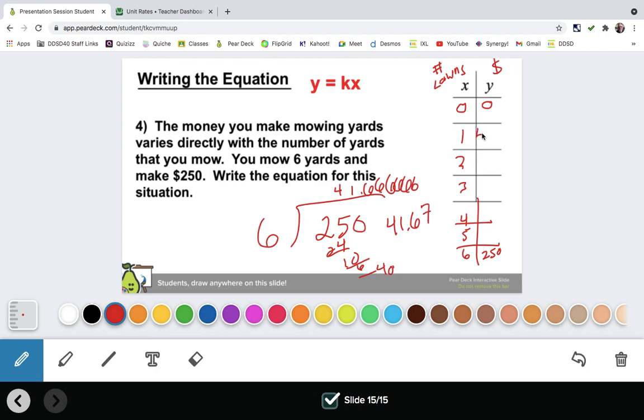So if Y is the amount of money, the amount of money equals $41.67 times the number of lawns that I mow. So that's an equation that says that same thing: Y equals 41.67 times X. And that is the answer key for the Pear Deck quiz from week 24, direct variation.